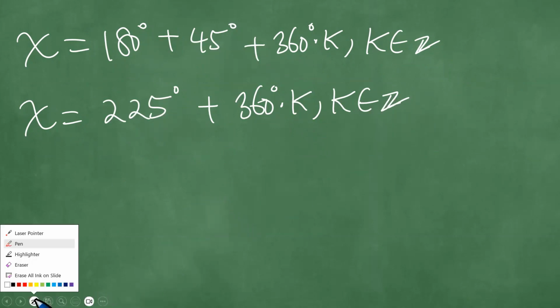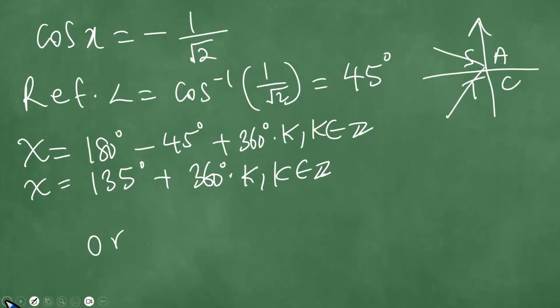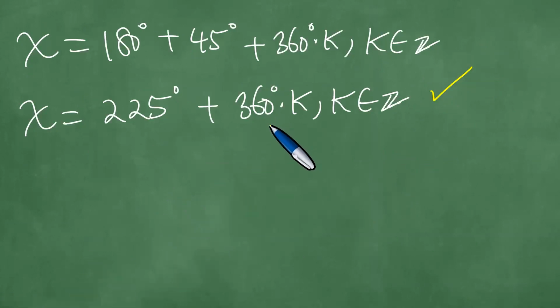So we have found a solution now, 225 in the third quadrant, and we've also found a solution now, which is 135 in the second quadrant. And obviously we add multiples of the period. Now this is the end of the set of solutions.